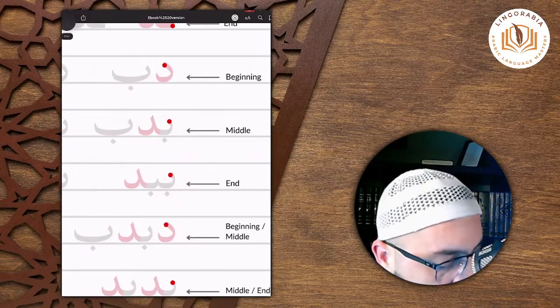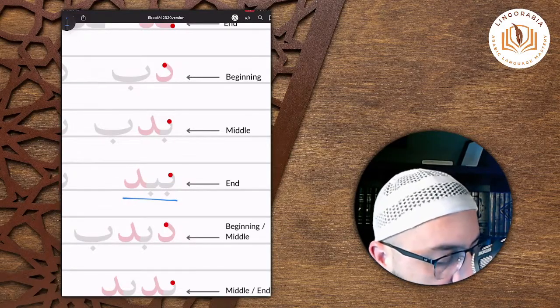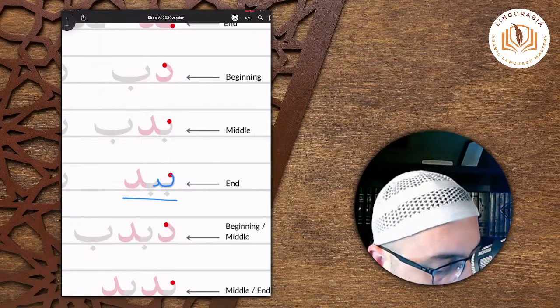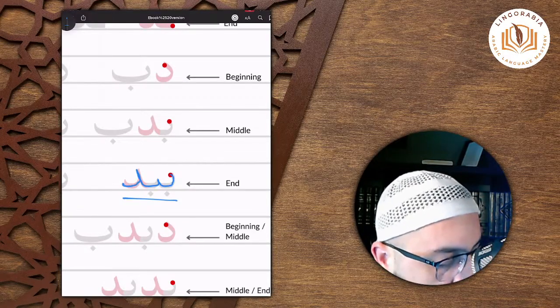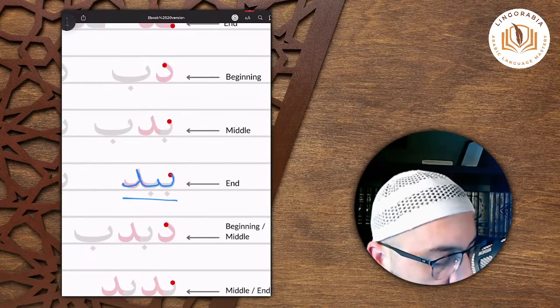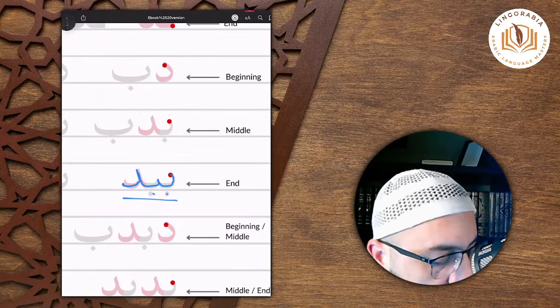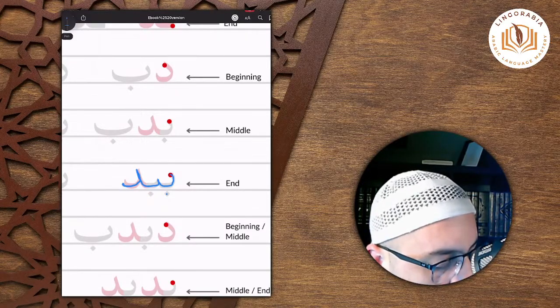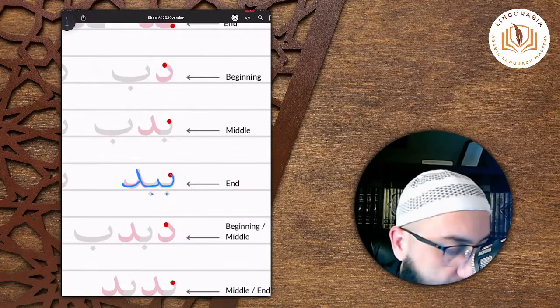In this construction, you're not allowed to release the pen. So you go 1, 2, 3, and now you release, and now you go for the dots.